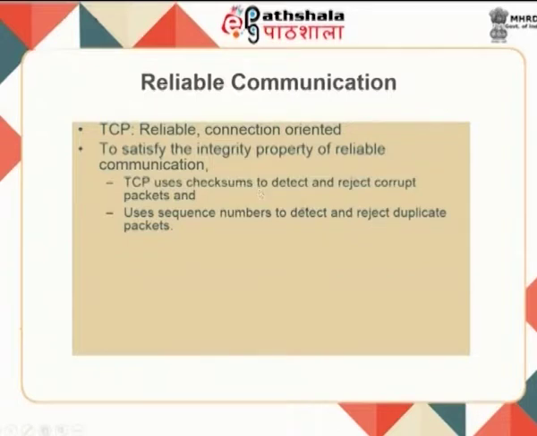It uses checksums to detect and reject corrupt packets, and it uses sequence numbers to detect and reject duplicate packets. So, TCP being a connection oriented protocol, it uses the mechanism of ensuring that each and every packet that has been sent by the sender has been received by the receiver and vice versa.